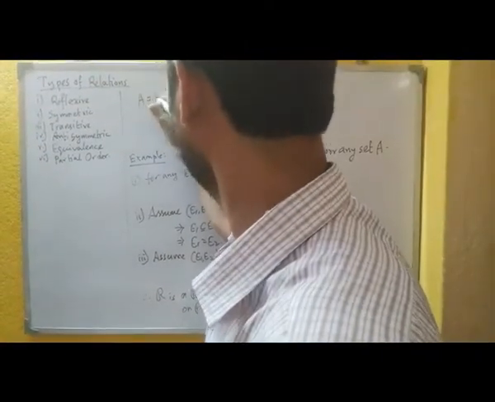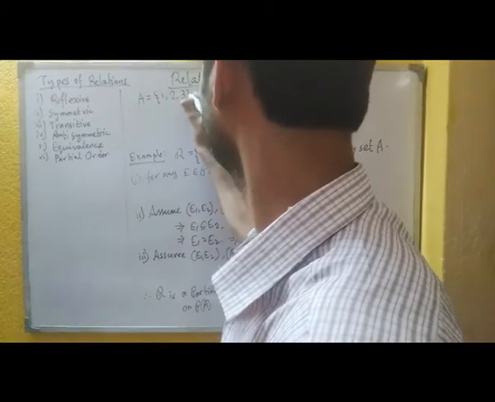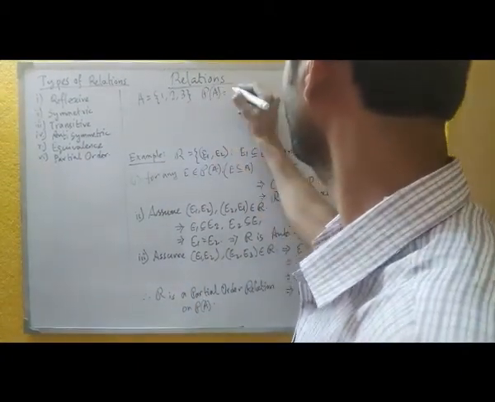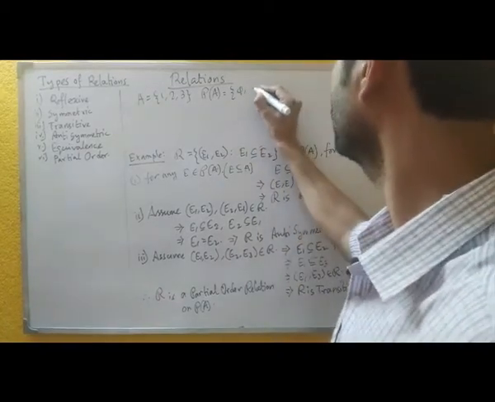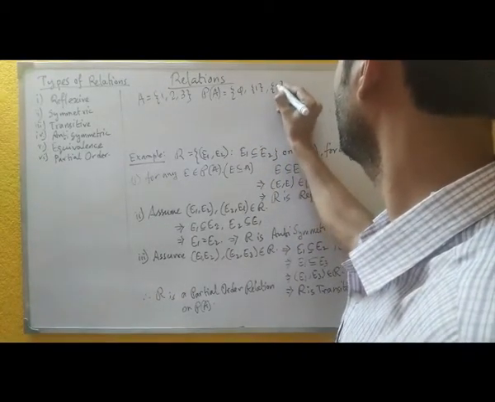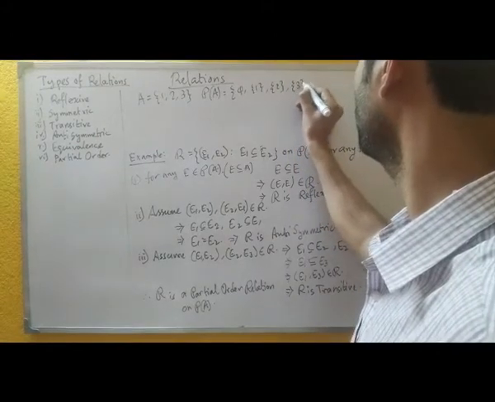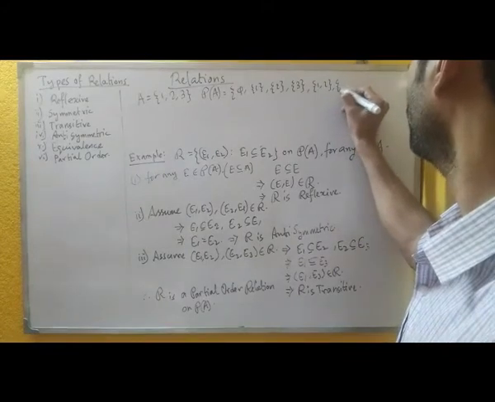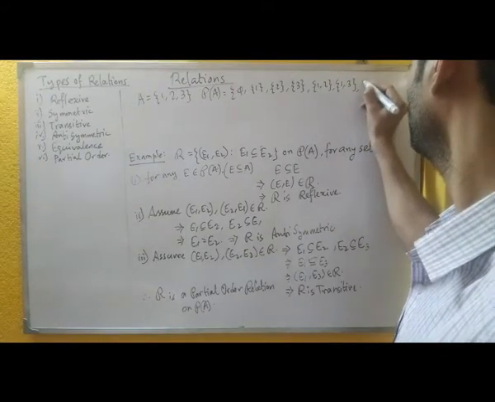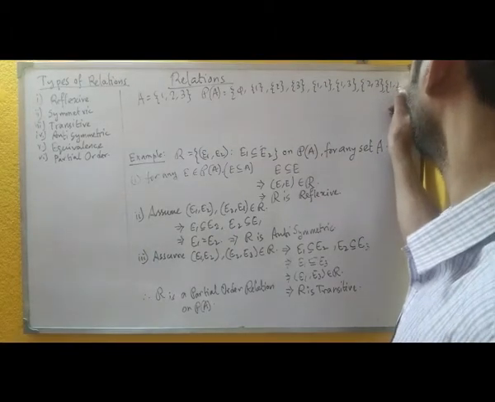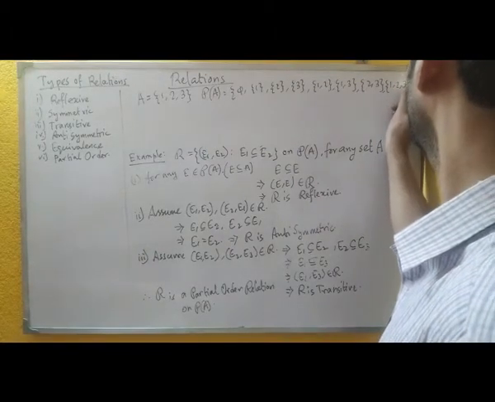Suppose we are taking the set A as {1, 2, 3}. Then we know what the power set of it is: phi, {1}, {2}, {3}, {1, 2}, {1, 3}, {2, 3}, and finally {1, 2, 3}.